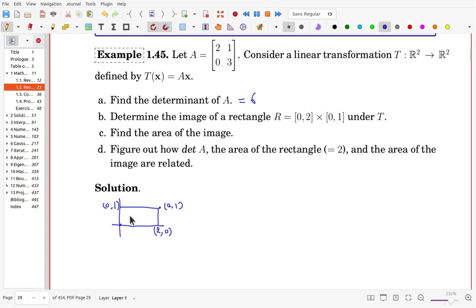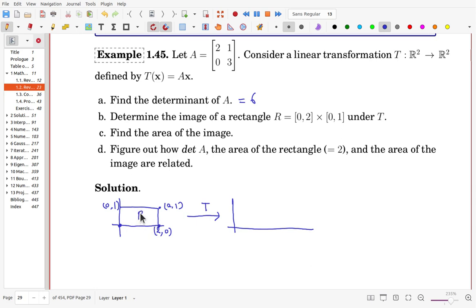And there is 0, 0. Now under T we'll try to get the image. It's a linear map, so lines will go to lines. If we know the image of the corner points, then we can get the image of the rectangle.